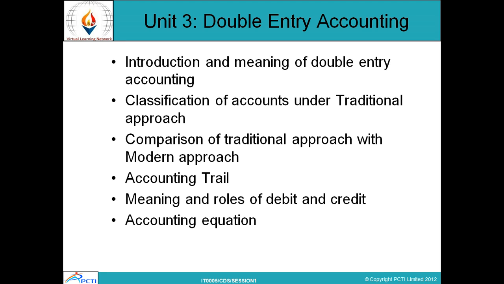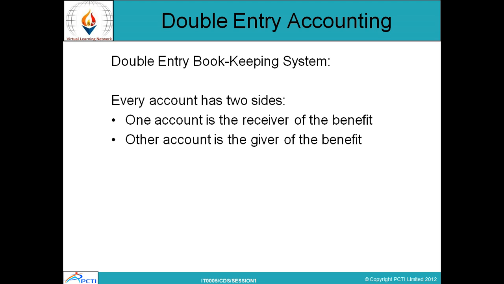As the name says, double entry accounting system. When I say double entry, it means that every entry will have a corresponding different entry, right? So when I say a transaction, any transaction in a business activity involving transfer of money or money's worth has to be recorded in a double entry system. In double entry bookkeeping, every entry will have two sides, one side is a debit and the other side is credit.